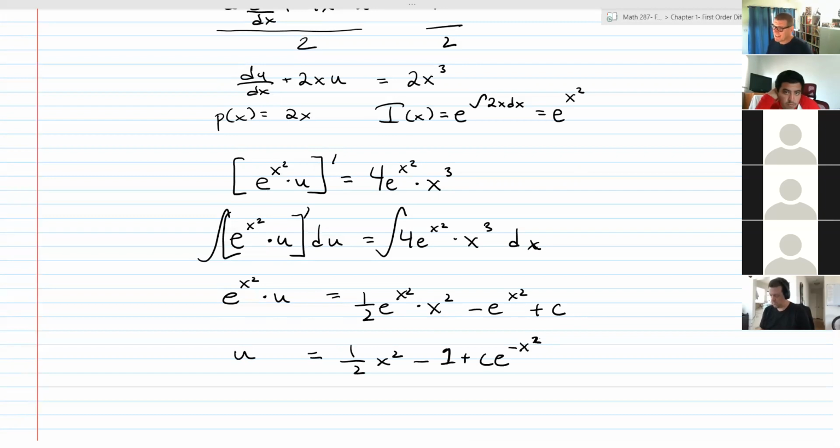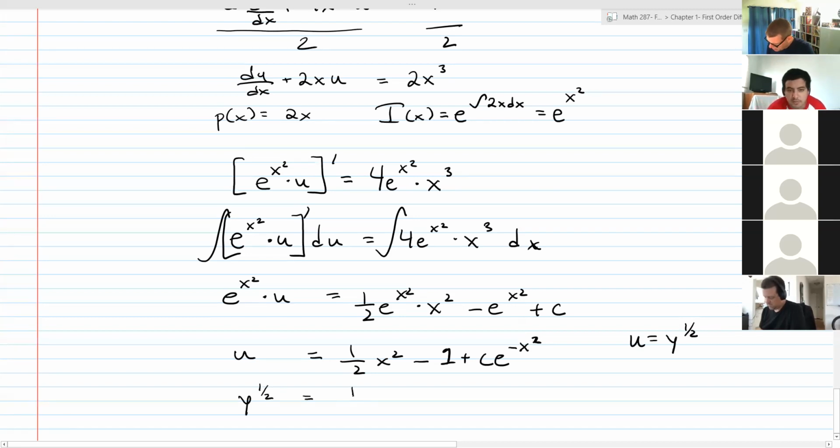Now remember, it's substitution. We started out with u equals y to the 1/2. So we're going to substitute back in y to the 1/2. So we get y to the 1/2 equals 1/2 x squared minus 1 plus c e to the negative x squared.